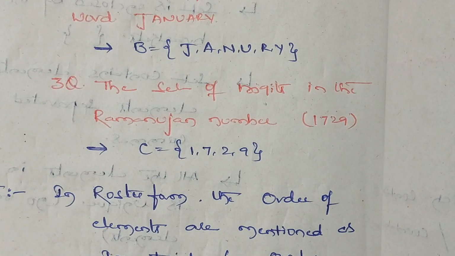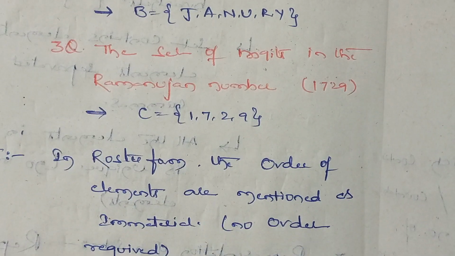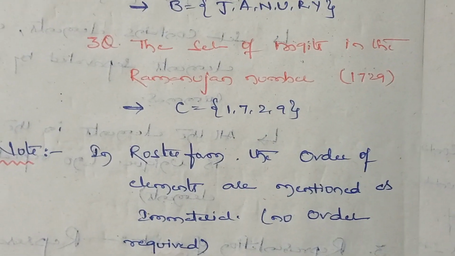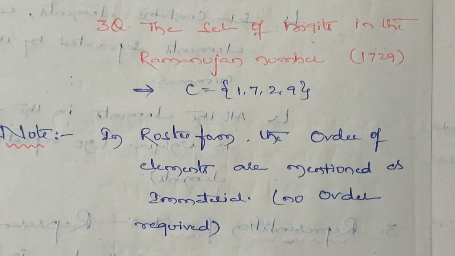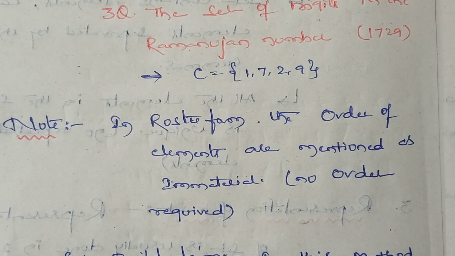And no repeated value should be there, students. See, I have mentioned under the note: in roster form, the order of elements is immaterial. No order is required. All the information should be gathered, but without any repetition, students.